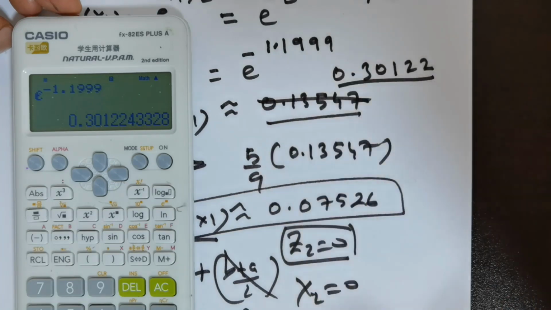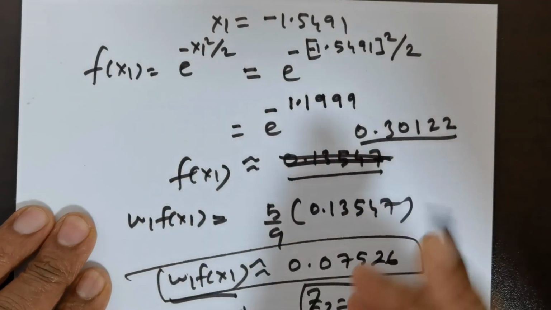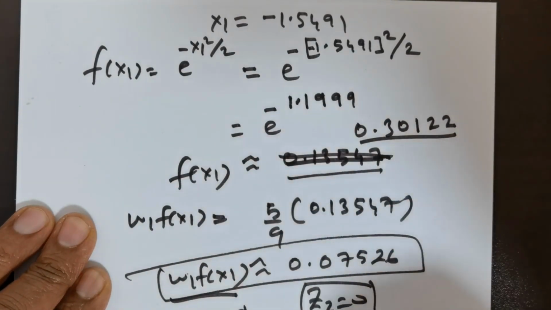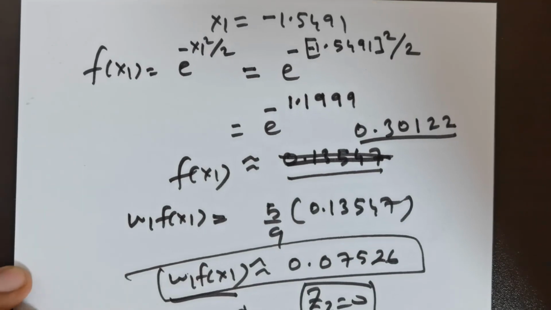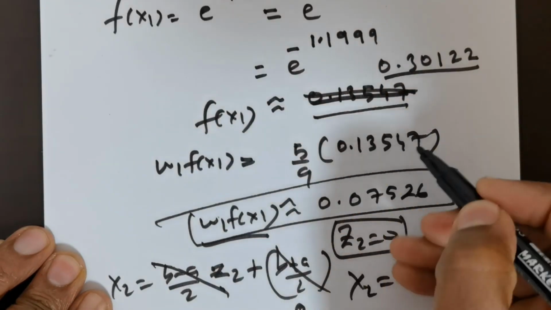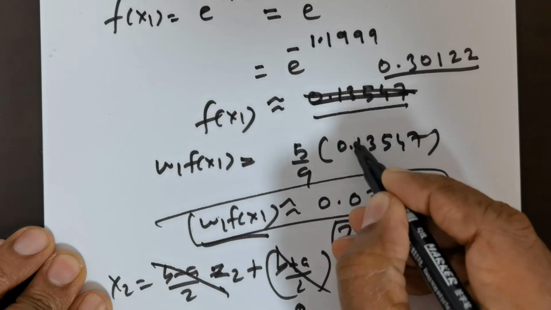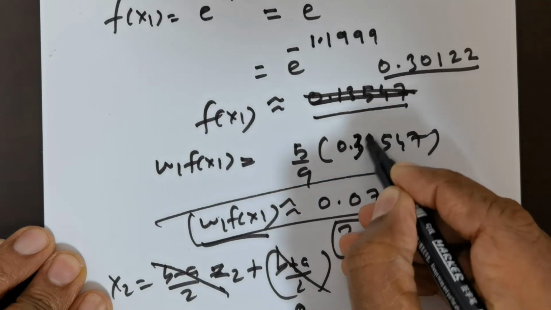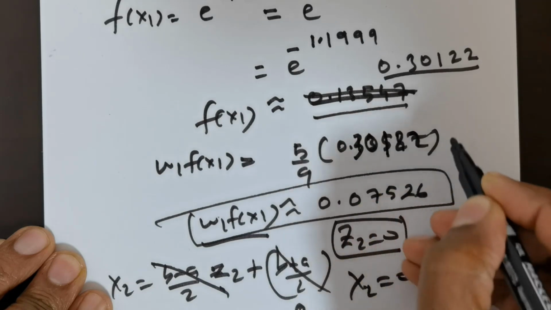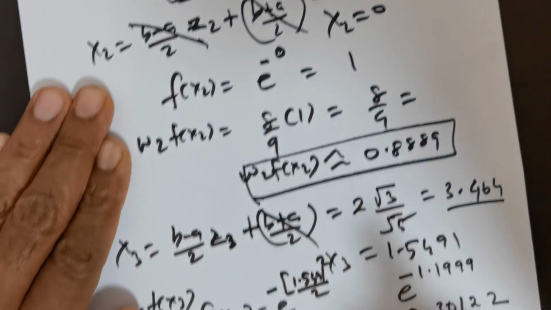That should be the value. So I'm just taking that value out because by observation I see that there is a discrepancy in the outcome. So that would mean this value is going to be incorrect. So this is going to be 0.30122. I will evaluate this value because my w3 is going to be the same here.